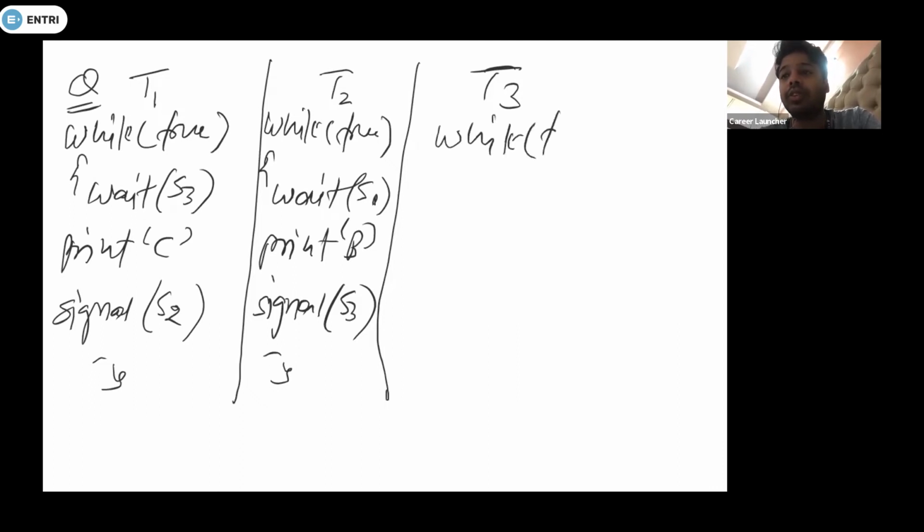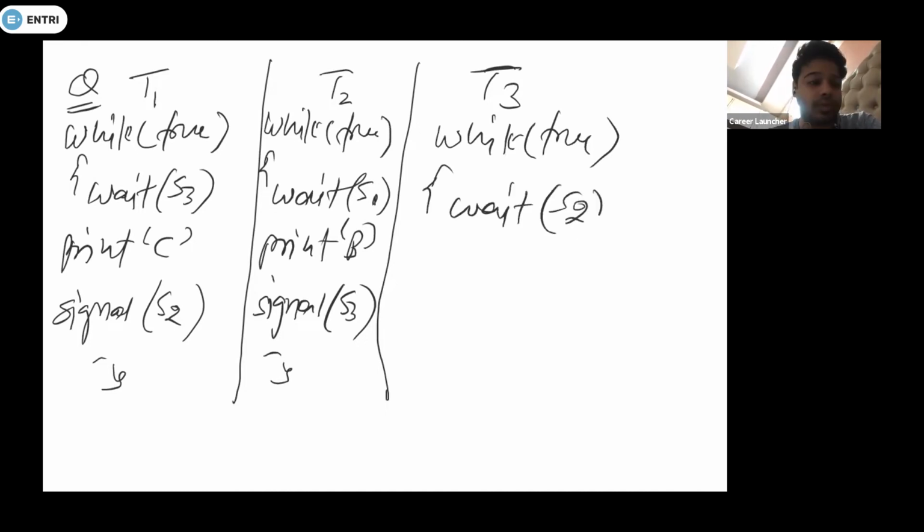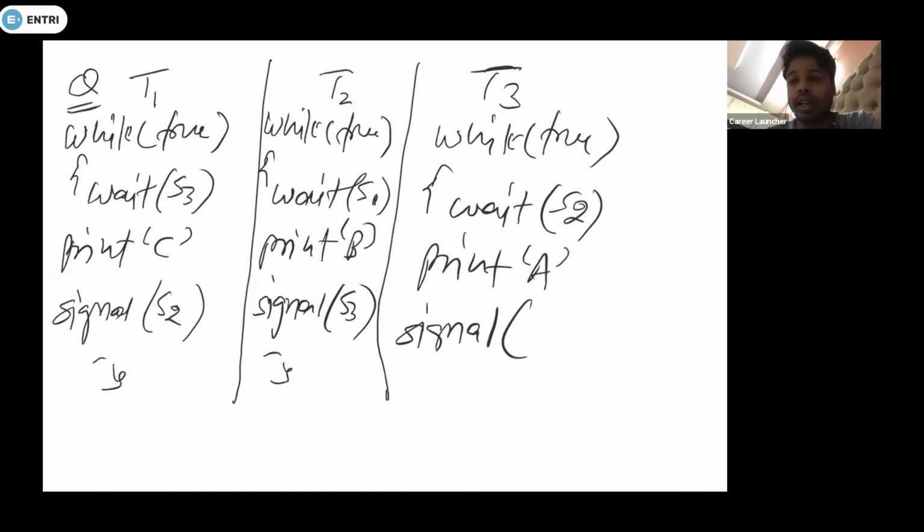T3: while true, wait on S2, print A, signal on S1. So there are three threads given, a synchronization problem, and wait and signal operations are executed. What is the problem here?